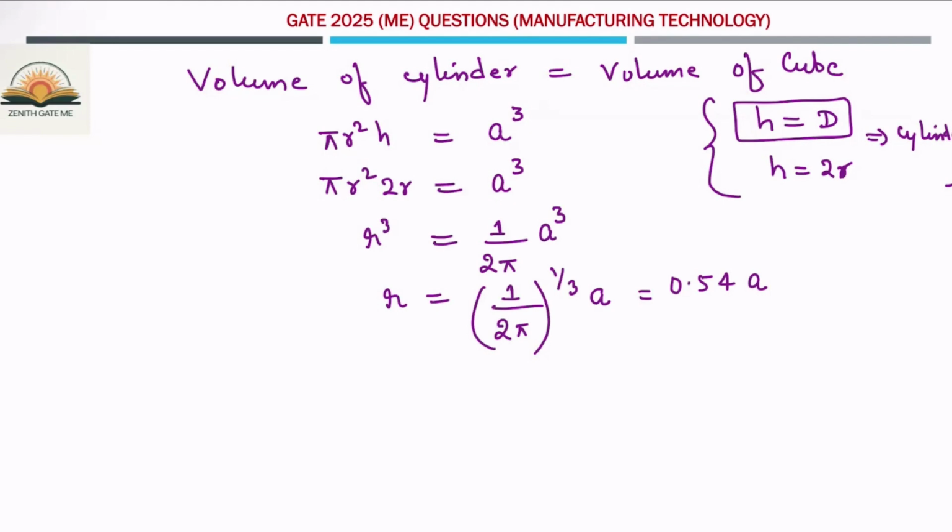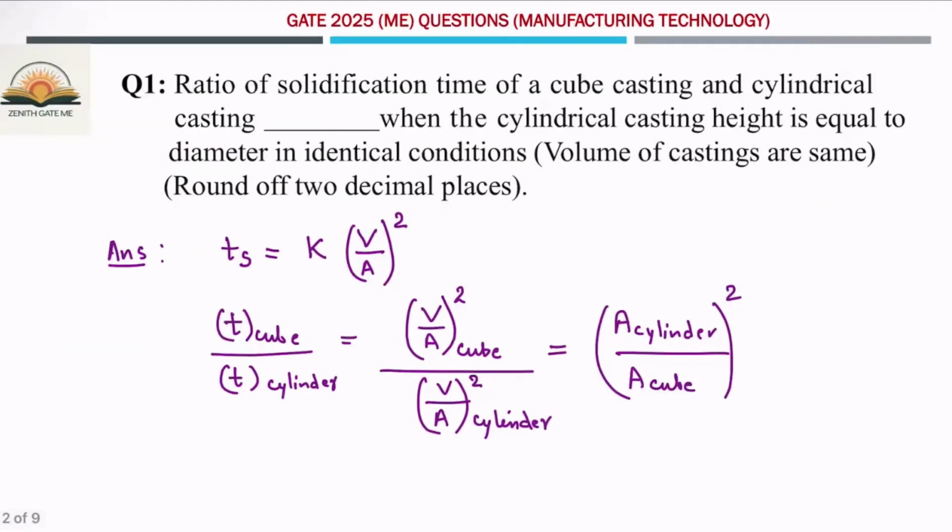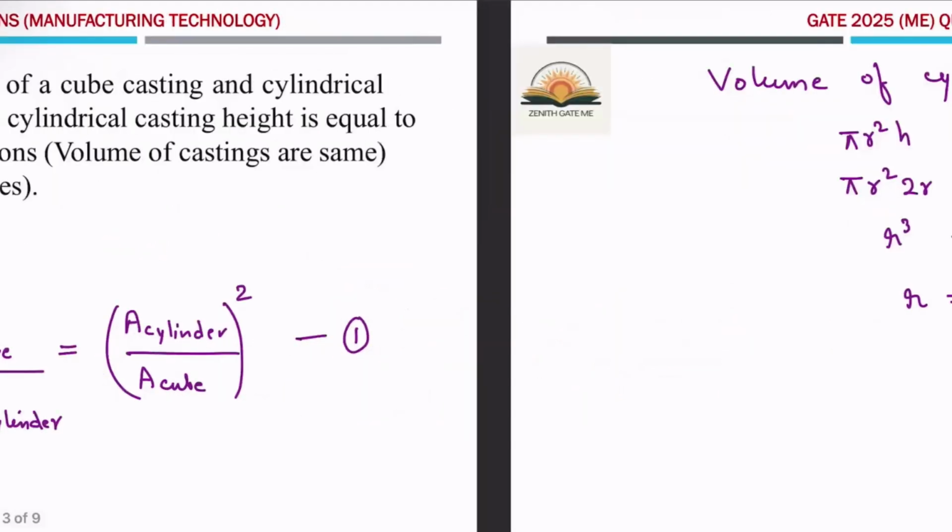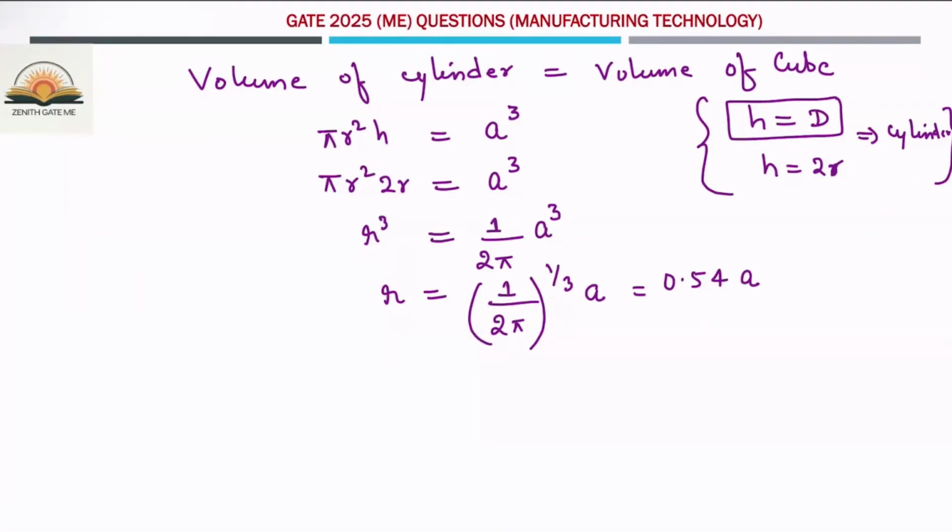Now, if you again come to the first equation, which is nothing but the ratio of solidification time of cube to the cylinder, now I got the relation between r and a, 0.54 times a is equal to r.